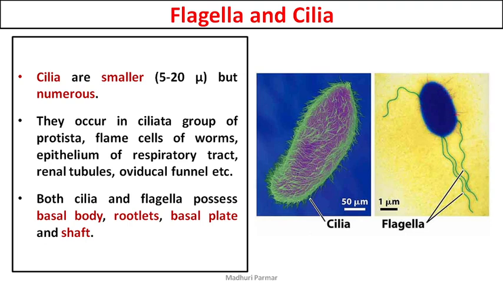Then there is a basal plate, and then there is the shaft. The whole filament-type structure that you see is called the shaft in eukaryotes. If we were talking about bacteria or prokaryotes, what would that shaft be called? Very good, it would be called a filament.